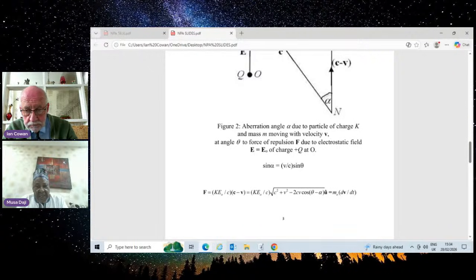So in the absence of aberration of electric fields, it became necessary to introduce special relativity to explain the speed of light being a limit. It necessitated the introduction of quantum mechanics to explain emission of radiation from accelerated charged particles.